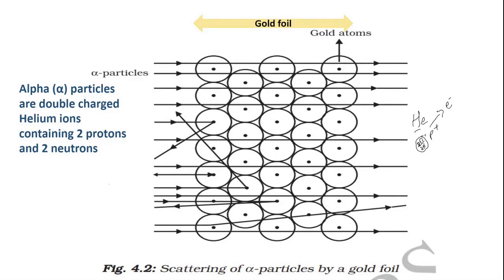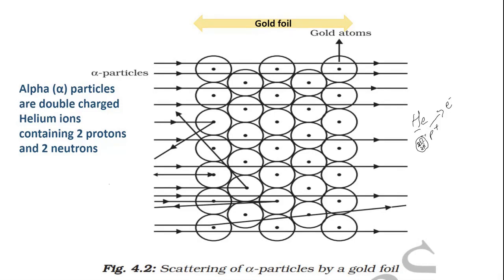Here you can see that when it is hitting the center, it is getting deflected. Here it is close, and there is one deviation. Here it is going straight, and here it is again coming back.